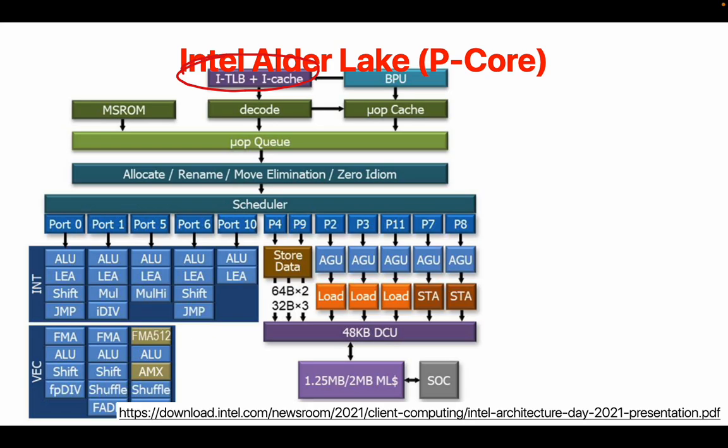Instruction cache. Here's the BPU, branch prediction unit, decode. And in x86, there is a micro-op cache. The thing here is that after decoding, you will see they use the terminology micro-op, because a lot of you might know that x86 instructions are hard to pipeline, as you learned.